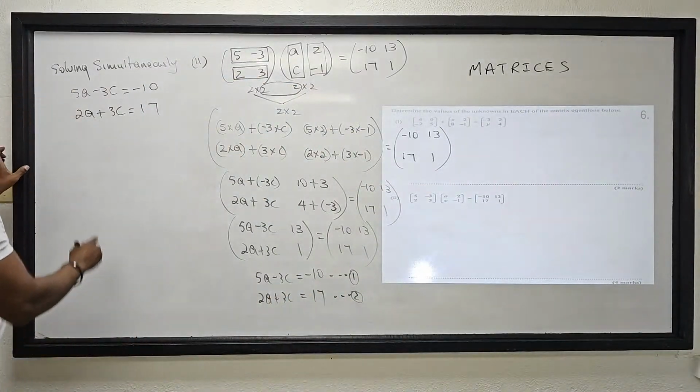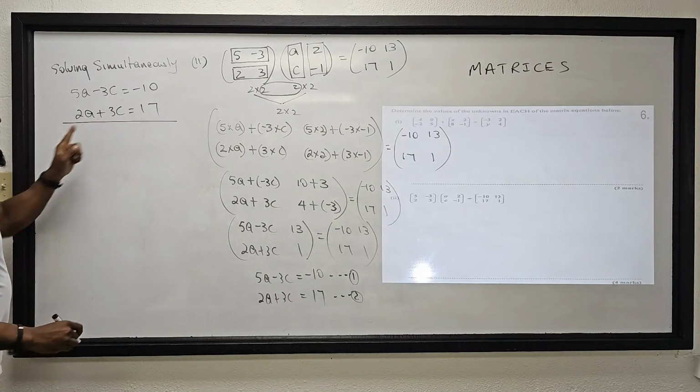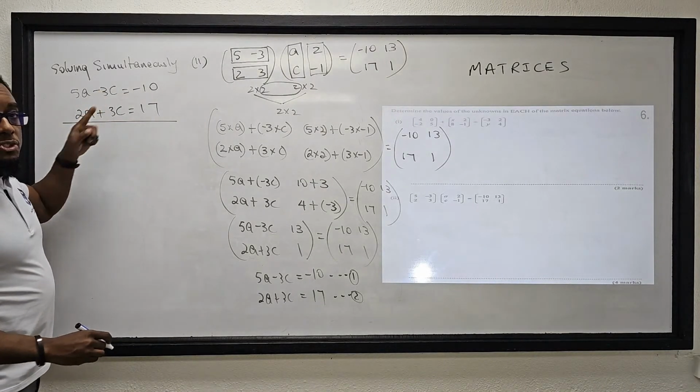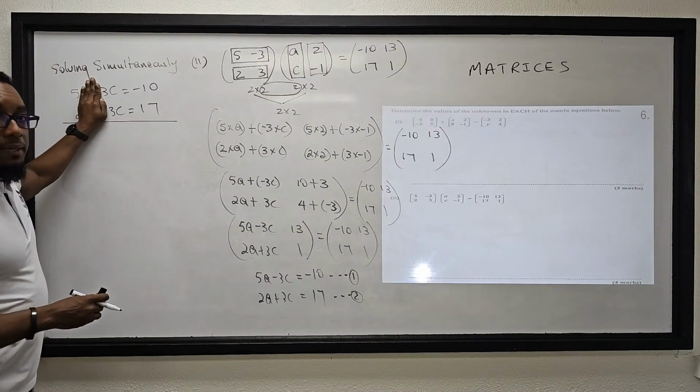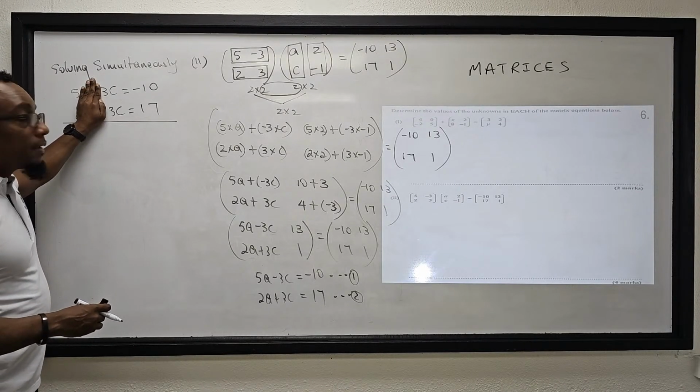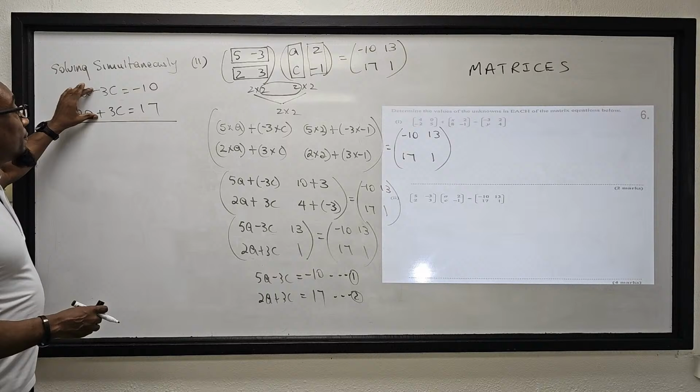So let's solve simultaneously. What I can easily do is to eliminate C, because the numbers in front of C are the same but with different signs.